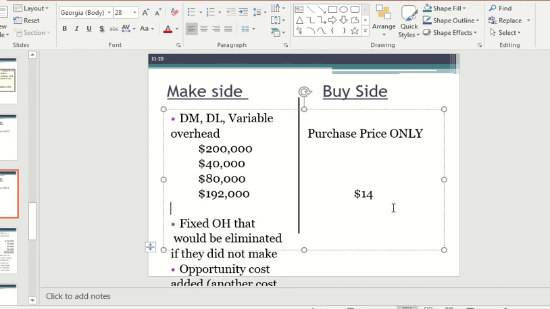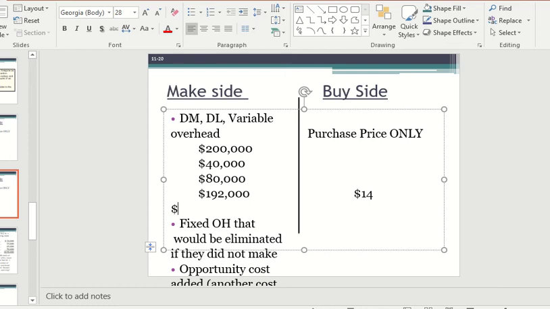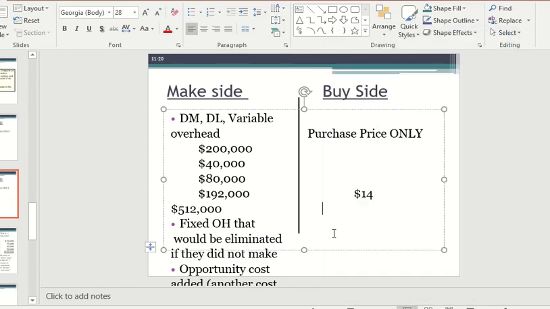I'd have to get this on a total basis, but on my make side it's $512,000. The buy side is $14, and they were making 40,000 units, so 40,000 times $14 is 560,000. So it looks like my make side has less costs.